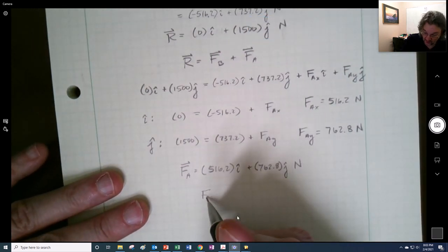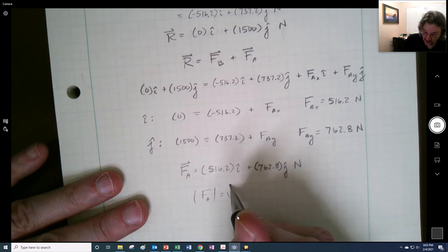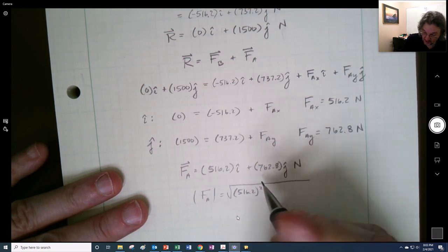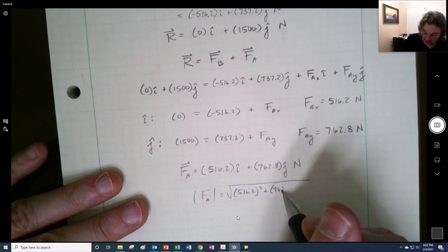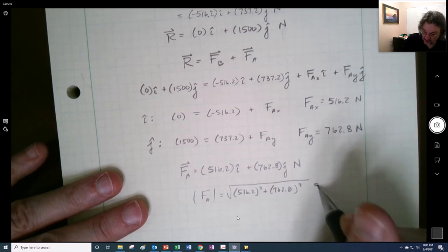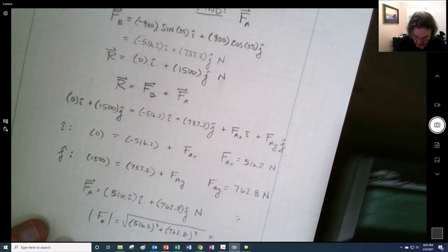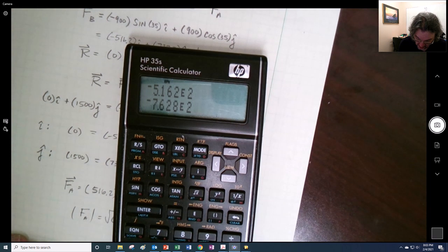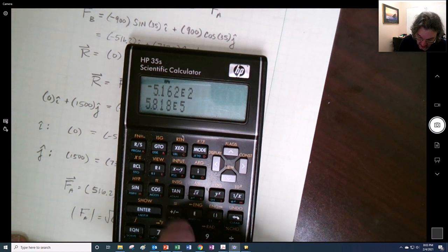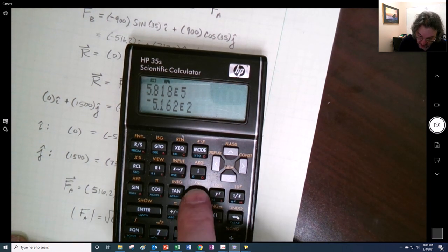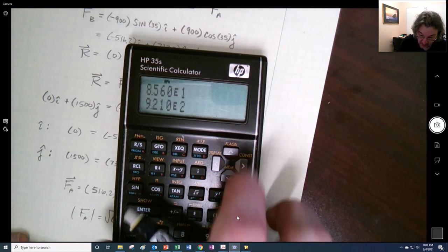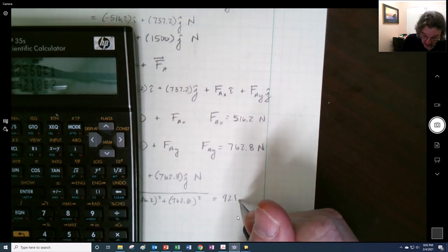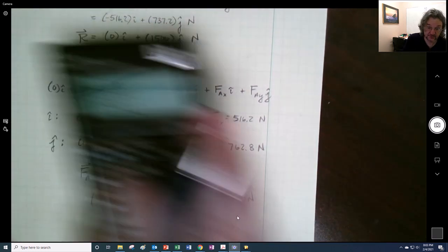We want FA magnitude, square root of 516.2 squared plus 762.8 squared, and by the way, these are both still in the calculator stack, so I can do that little cheating thing where I square that, flip them, square that, add them, hit square root, and I get 921.0 newtons.